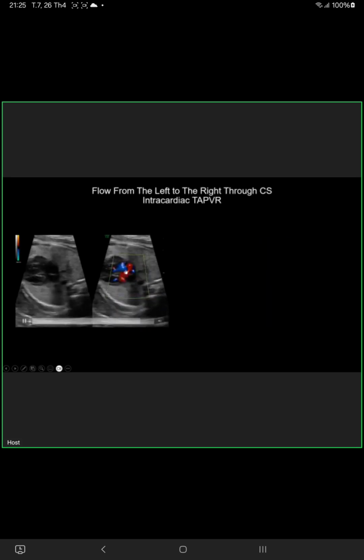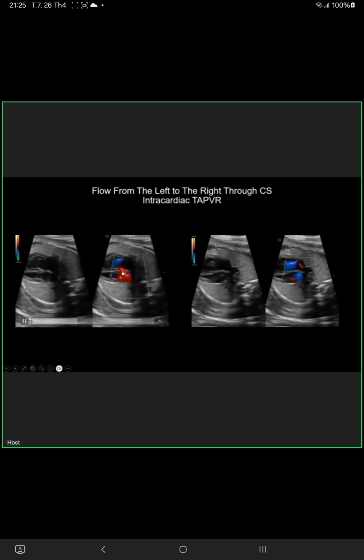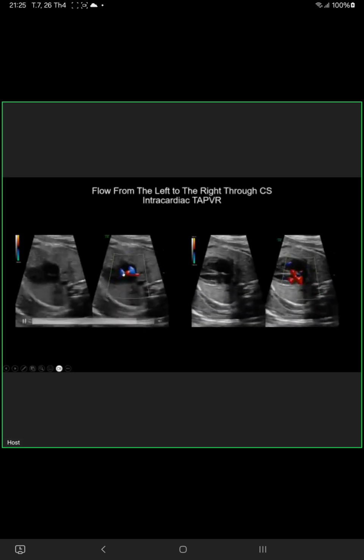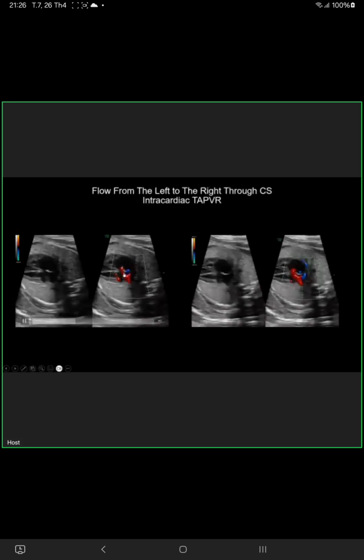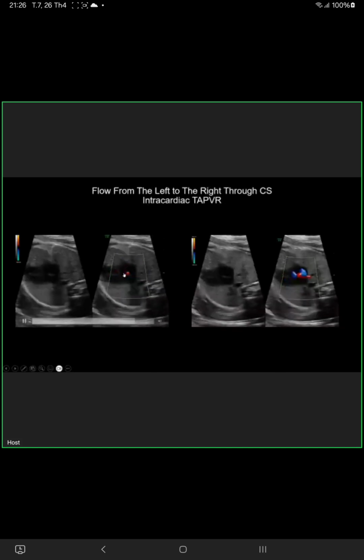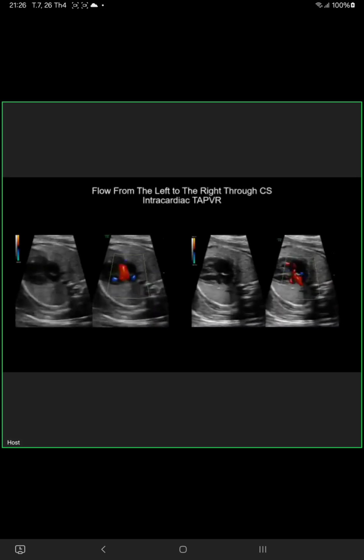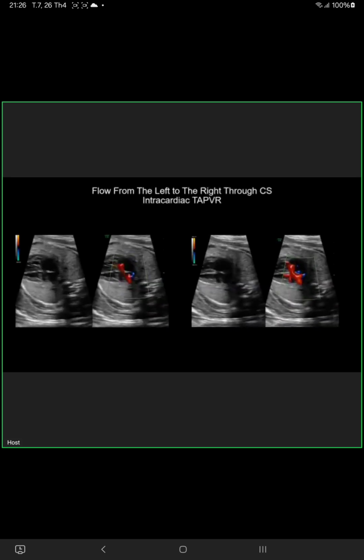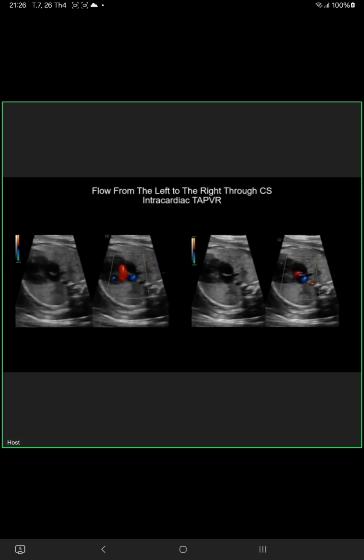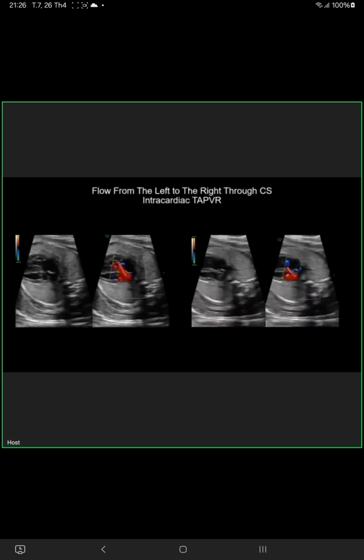The answer is here. You see the red flow close to the valves. It's not foramen ovale, it's not flow from the inferior vena cava through Eustachian valve.